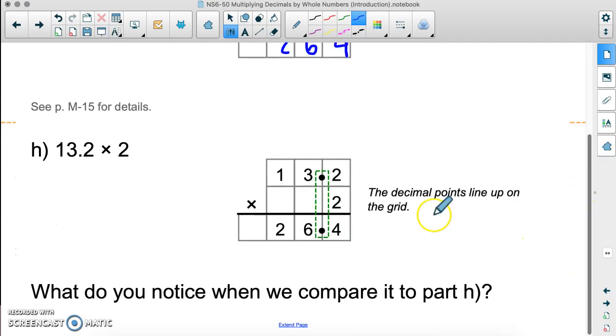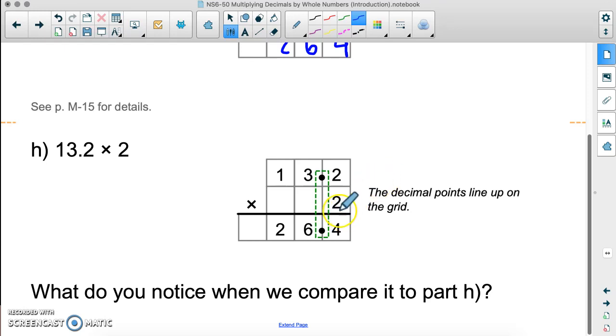Now, if we look at H from the examples you just did on your whiteboard, we had 13.2 times 2. So if I line this up in my algorithm, I'm going to line this up the exact same way. In addition and subtraction, it was really important that your decimals line up. Here, you don't need your decimal points to line up.